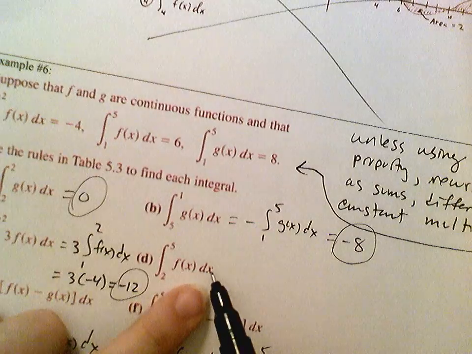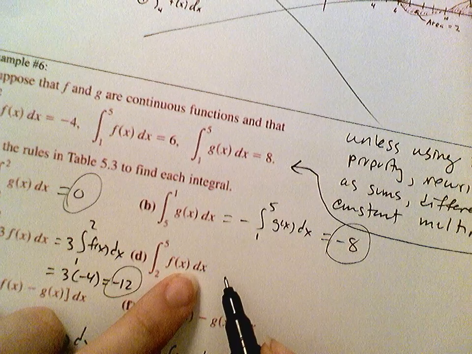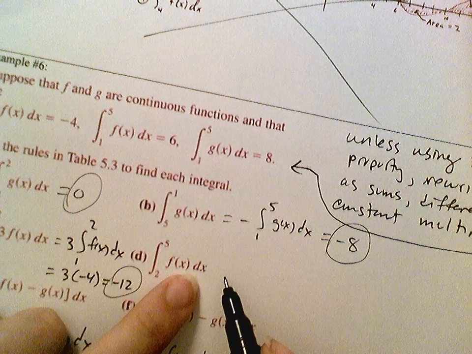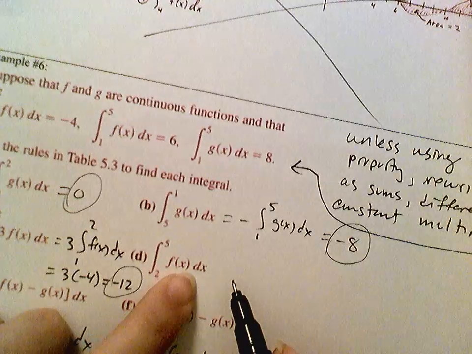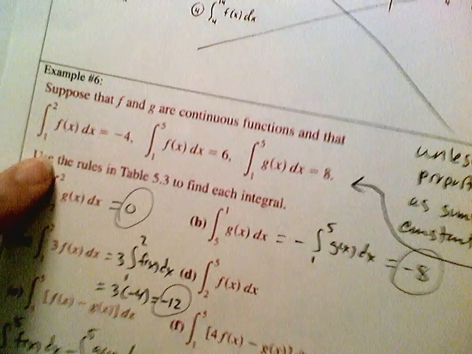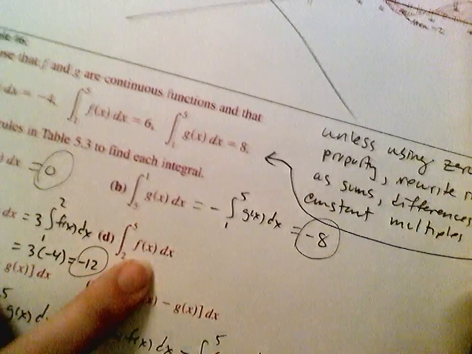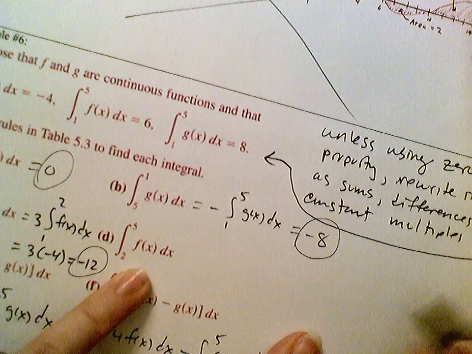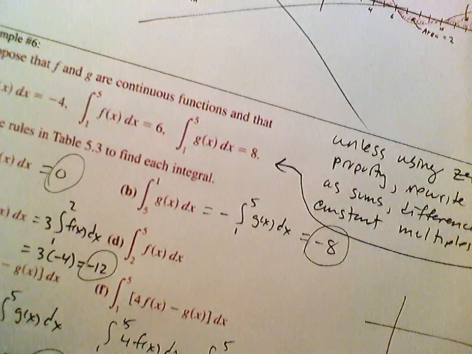So I'm going to draw a picture over here. Now they said that these were continuous functions. Let me draw a picture and see if I can work from there. You don't have to do this in the future, but let's just visualize this.